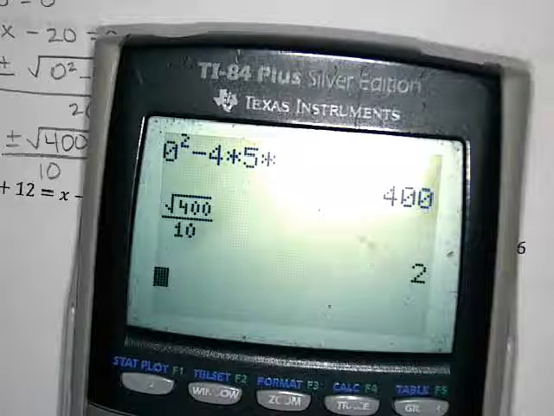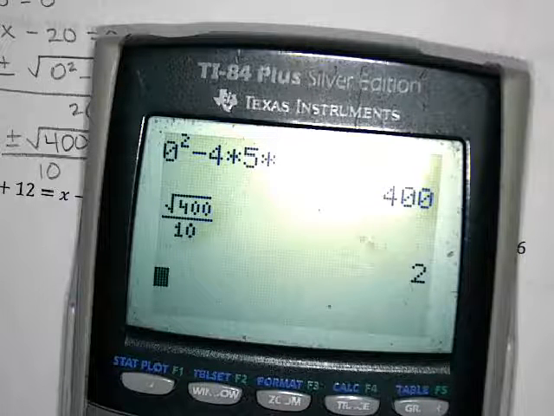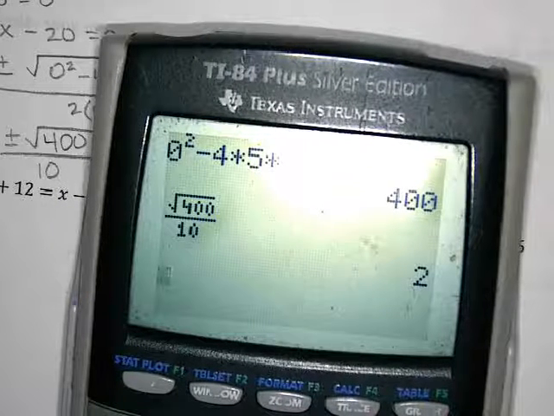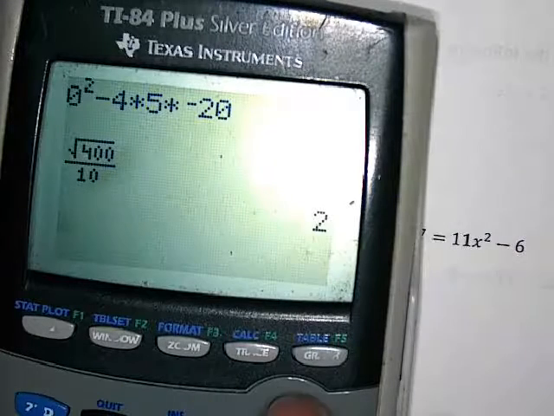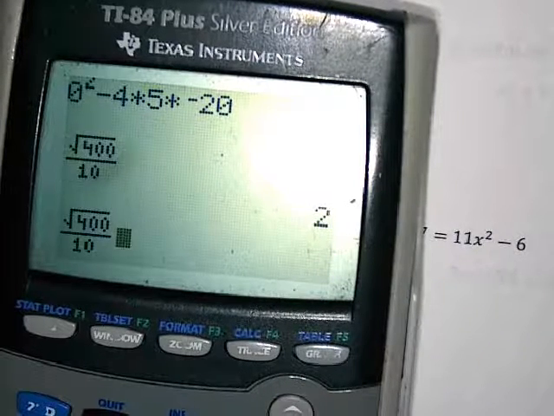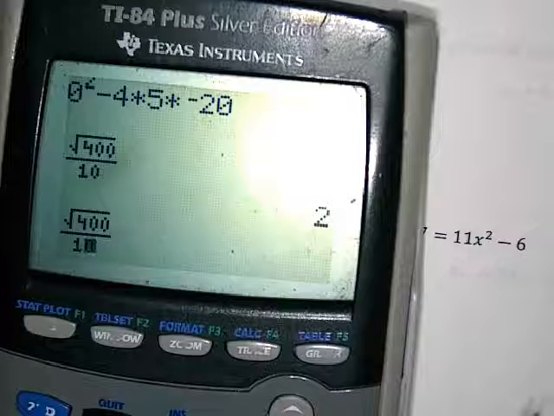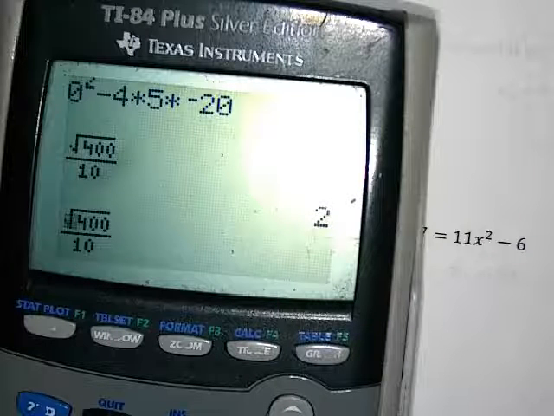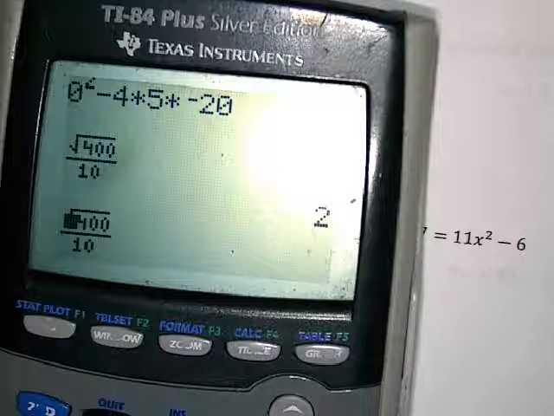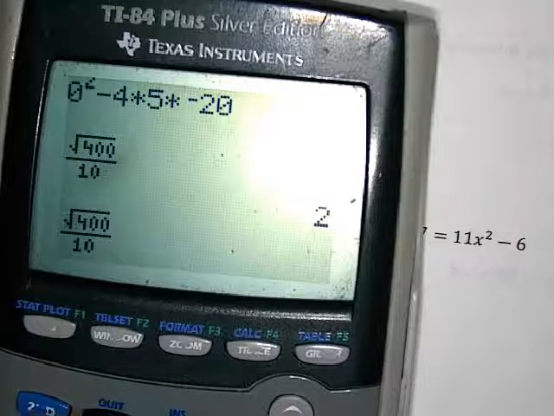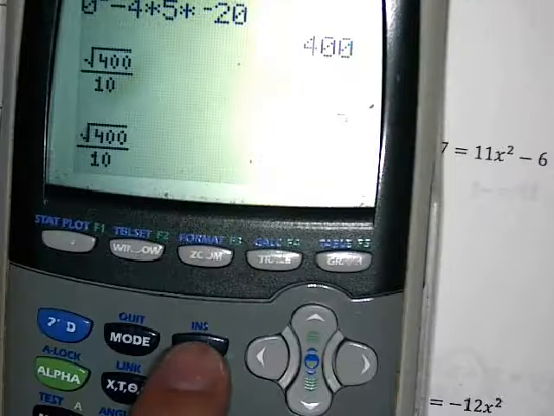This is going to give us a chance to do another calculator trick. One answer is positive 2. Now we have to do the negative version. If you wanted to put a negative sign in front of this, put the cursor on the spot where you want something in front, and then type INS, which means insert. It's in blue, so we use the second function.